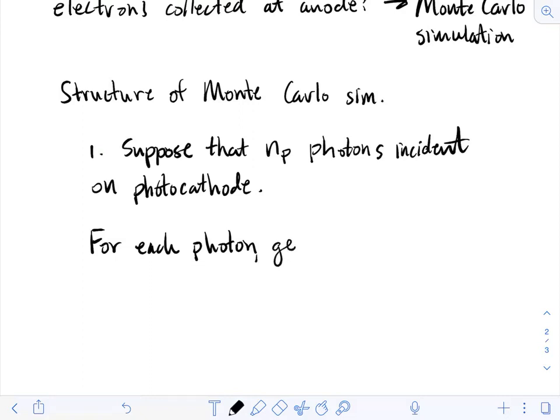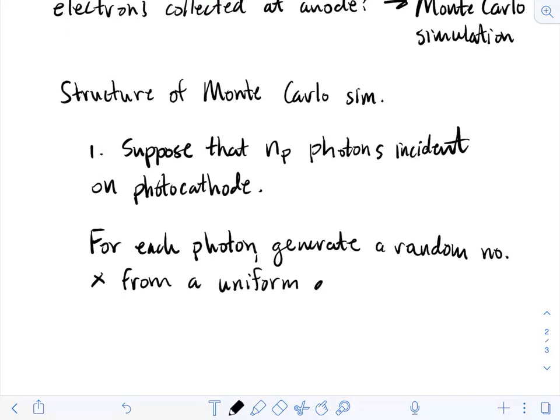We generate a random number, let's call it x, from a uniform distribution that has the range 0 to 1.